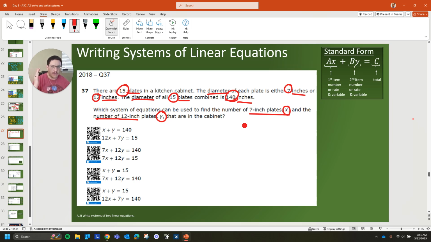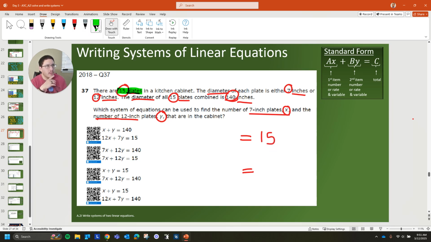Now, what I would advise y'all to do in a problem like this is to figure out what our totals are. Okay? So, we know there's going to be a system of equations, so we know we're going to have two different totals here. Here's one of our totals. Let me highlight this in a different color here. One of our totals is 15 plates. So we know 15 is going to go on one of these.